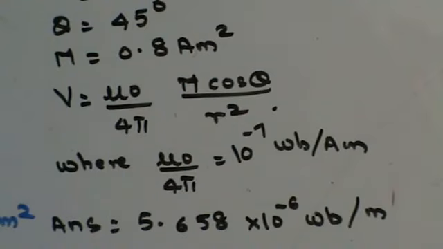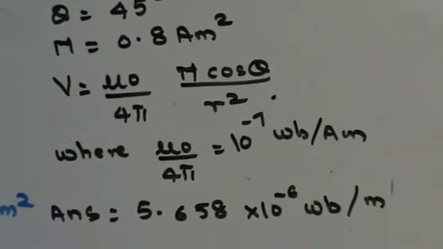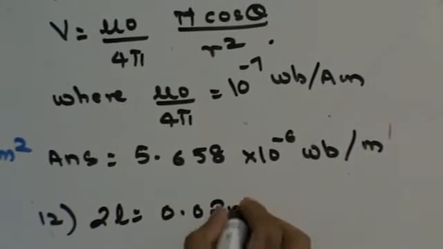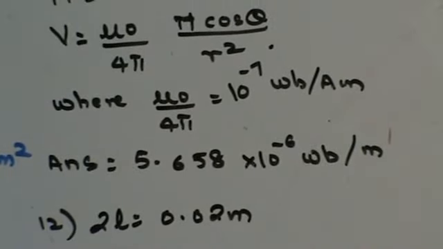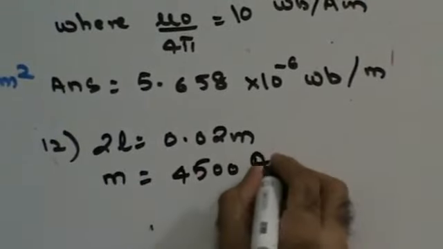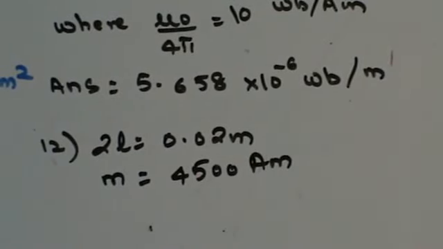A bar magnet of magnetic length 0.02 meter has a pole strength of 4500 ampere meter.